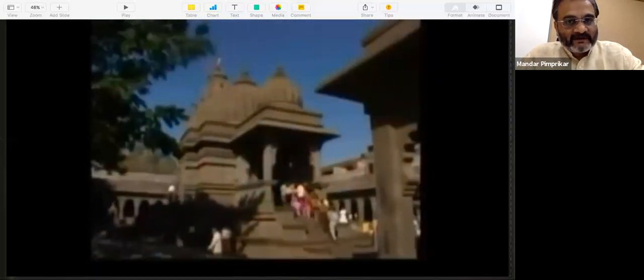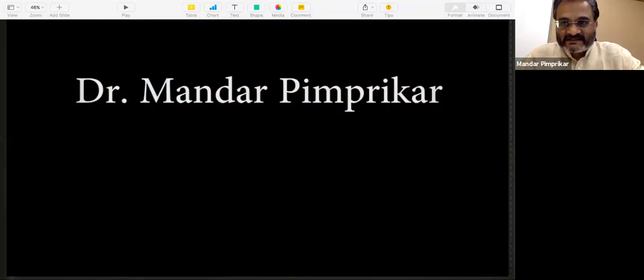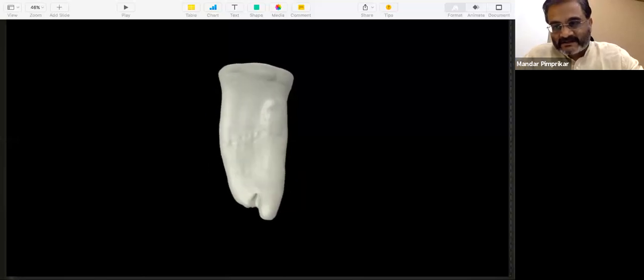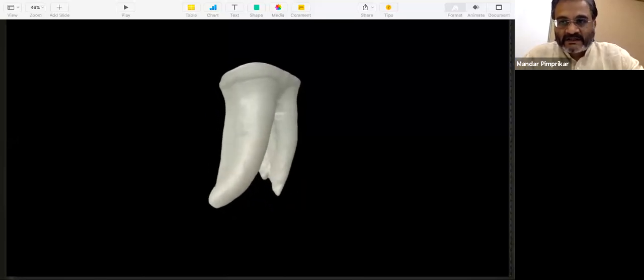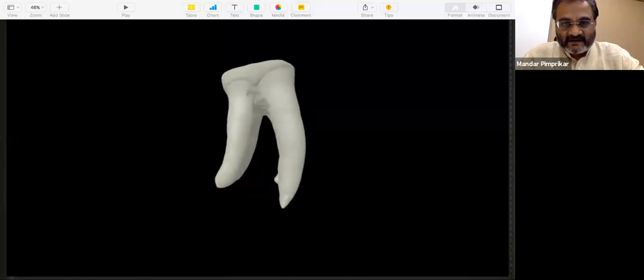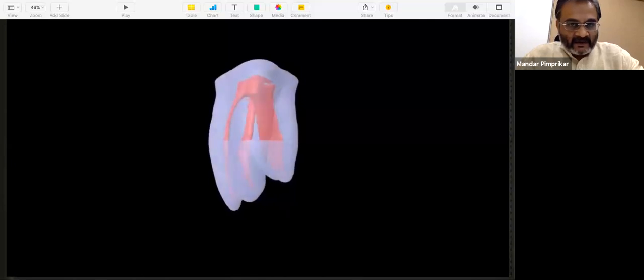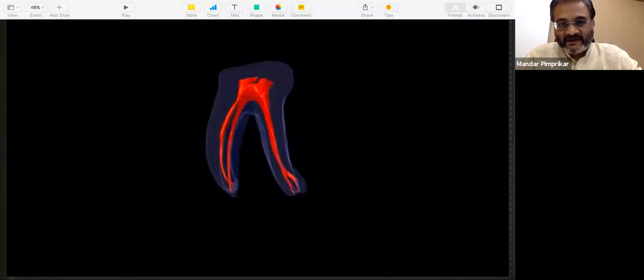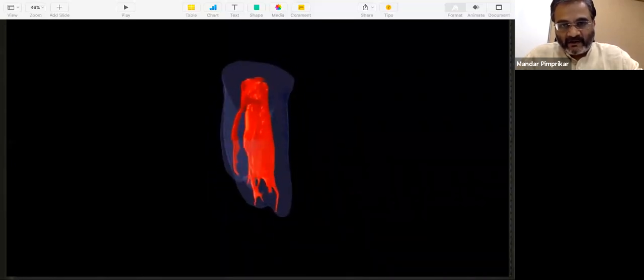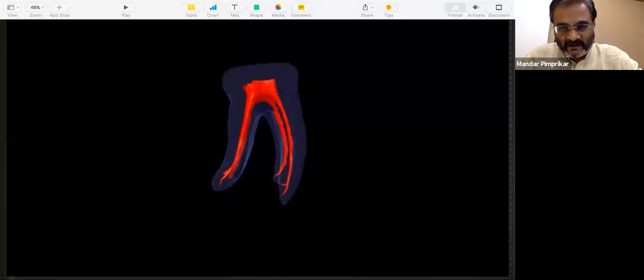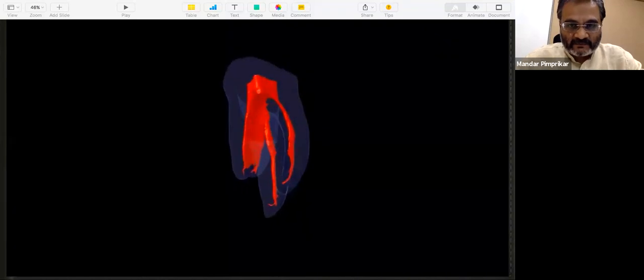So whenever we start doing any endodontic procedure, the first thing is to have an absolute three-dimensional view of the root canal anatomy. Now, every root canal anatomy is going to be different, and there are going to be challenges in terms of removing the pulp tissue.